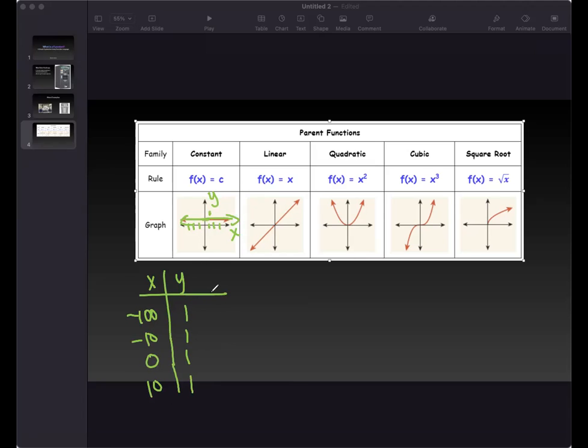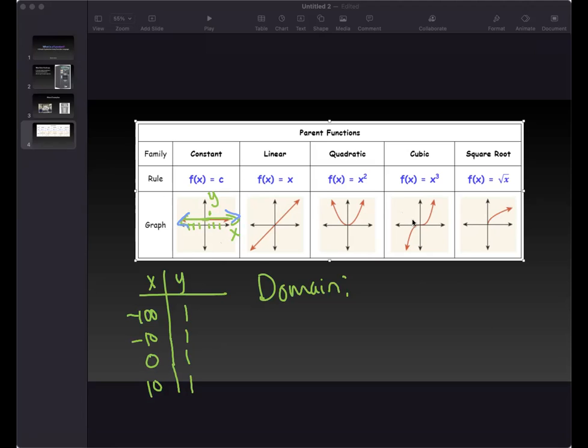Now let's talk about the domain and range. The domain is what I can put into the function. I think about domain in multiple ways. One way is to look for arrows going right and left. Look, it's going on forever to the right and forever to the left. There's no clear end point, like if we look at the square root function, where we have an end point here. We don't have that. It's going on forever in both directions. We also don't have any asymptotes.